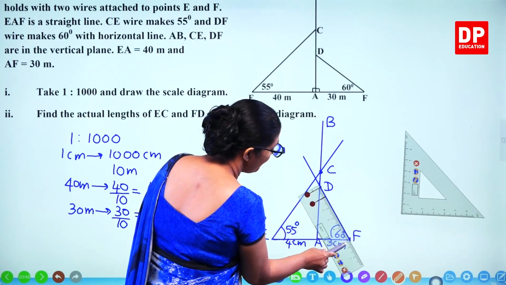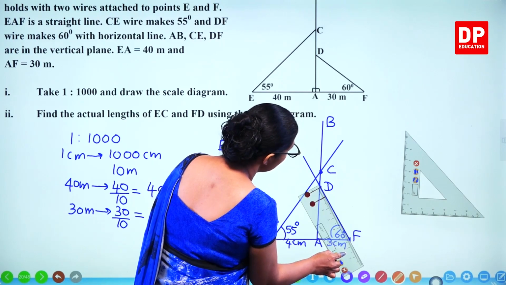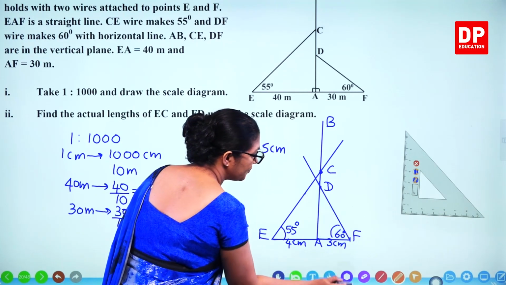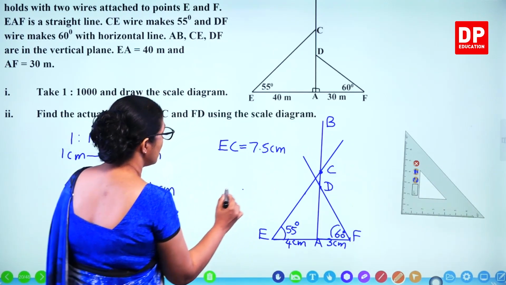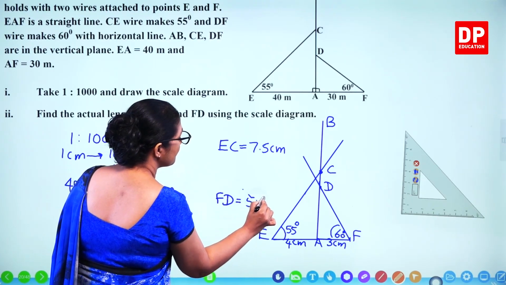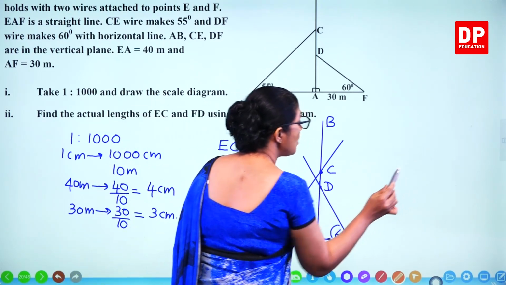Here to here, 5.6 you can take. 5.6. That's FD. 5.6 centimeters. You need the actual length.